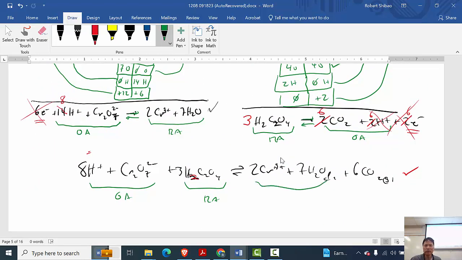So the chromium 3+ in the water, that's our reducing agent. And CO2 must be our oxidizing agent. Since all skeleton redox reactions have a driving force, we must be going from strong, strong to weak, weak. So in other words, dichromate in acid is a stronger oxidizer than CO2.